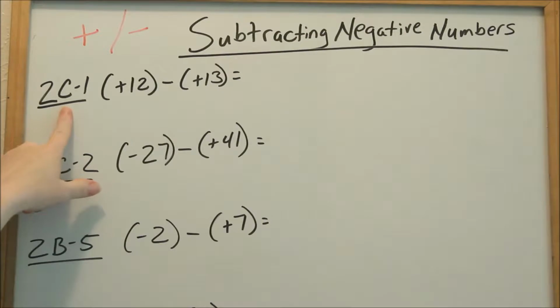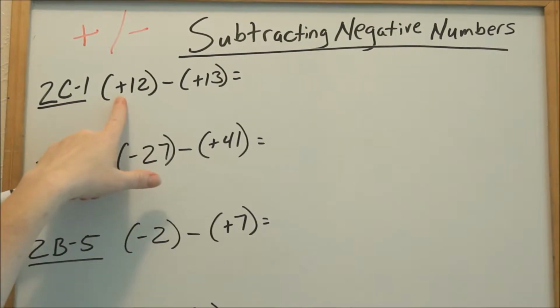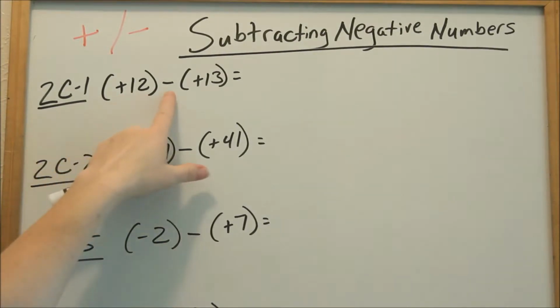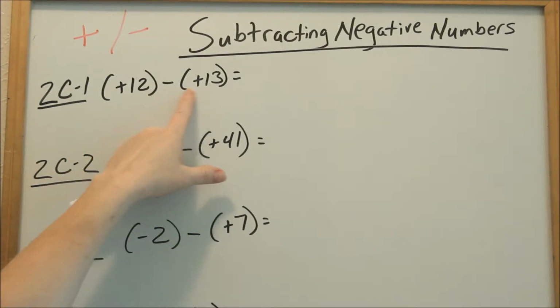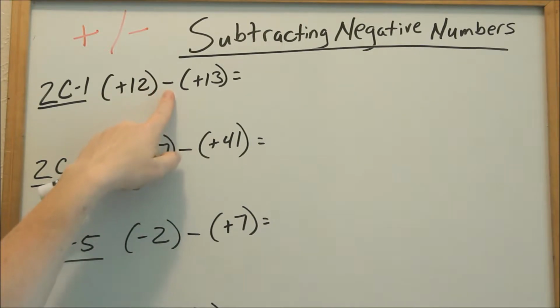So looking at 2C1, remember, positive means you have, negative means you owe. Here, you have a positive 12 minus a positive 13. With all these problems, anytime you see a subtraction problem, we're going to work on turning it into an adding problem so it looks just like the ones you did last lesson, okay?